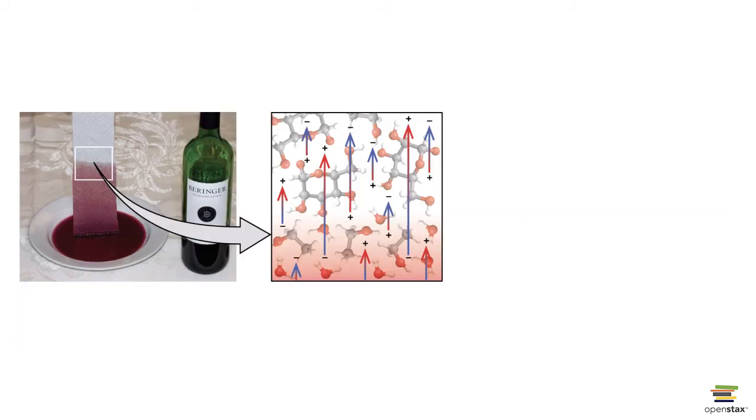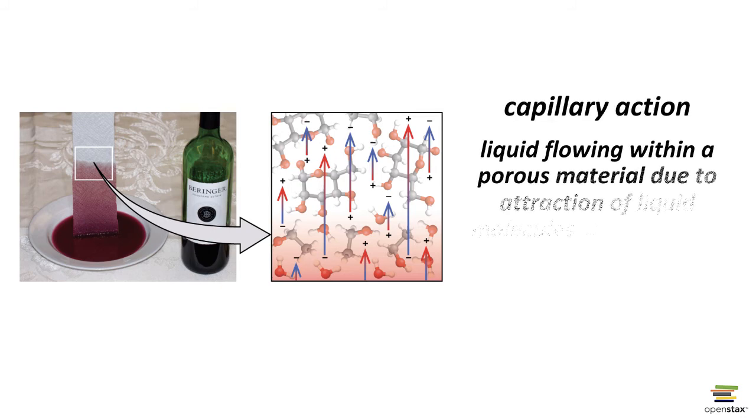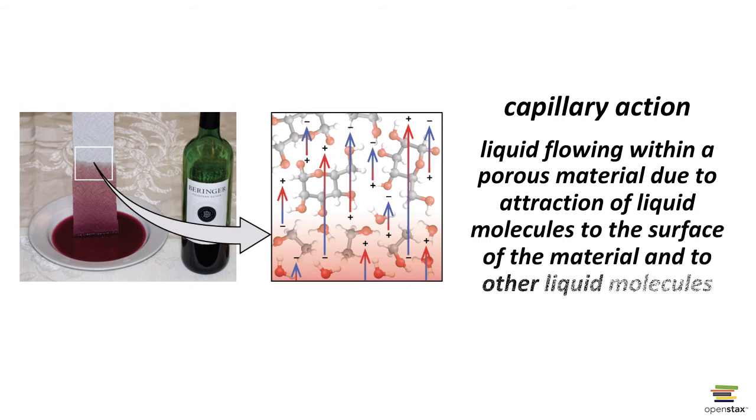Now, liquids can also undergo something known as capillary action, and this occurs when a liquid flows within a porous material due to the attraction of liquid molecules to both the surface of the material and to other liquid molecules. The example here is wine wicking up a paper towel.